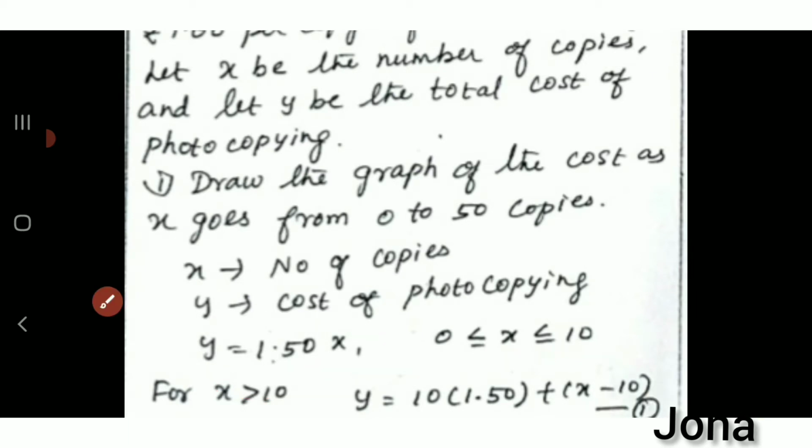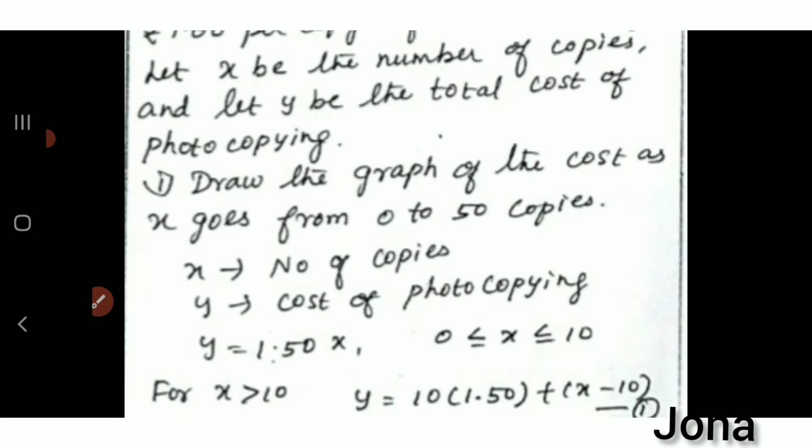And then after each copy above 10, that means X greater than 10, we have Y equal to 10 into 1.50, that is for only 10 copies, plus X minus 10. So this is the equation for above 10 copies.